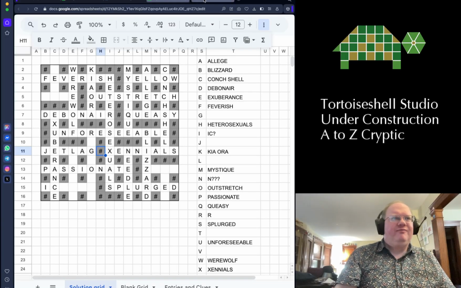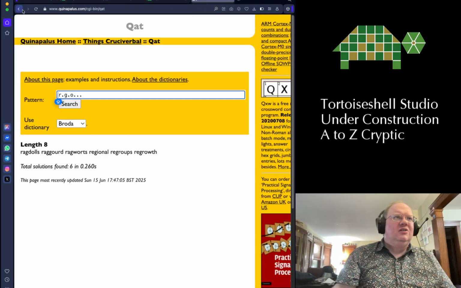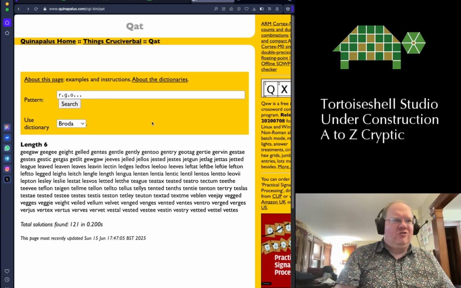Maybe we save the J. Certainly can fit it into one of the fours that's still available to us. Maybe League 11.